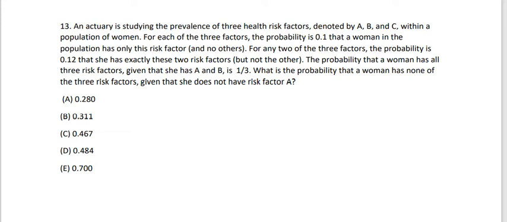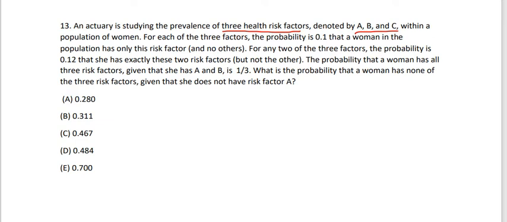Okay, so problem 13 says she is studying three health risk factors, A, B, and C. For each of these three factors, the probability is 0.1 that a woman in the population has only this risk factor.